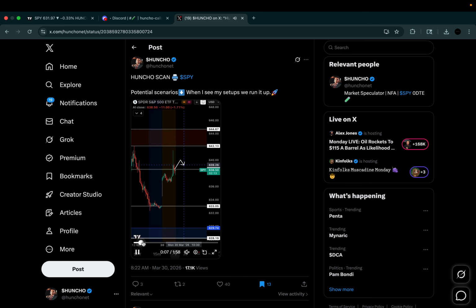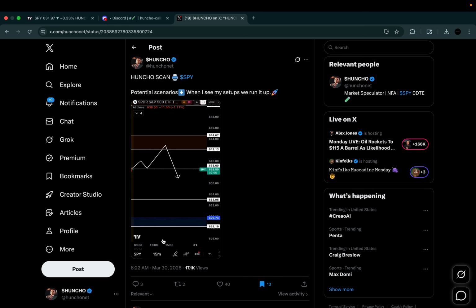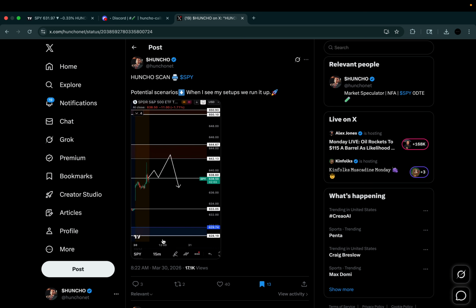So as you guys can see, I was drawing potential scenarios just so you guys can understand. This is not just me drawing squiggly lines and zigzagging and all that.